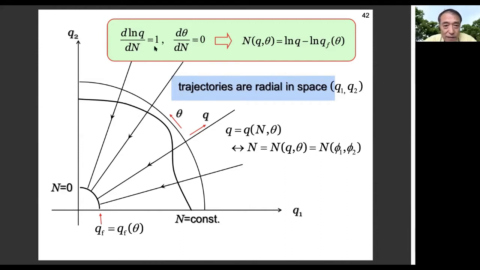But if you write down everything in terms of delta N, you immediately see that what is important is the final condition. Given the final condition, how a change of the initial condition changes the number of e-folds is the most important quantity you have to compute.